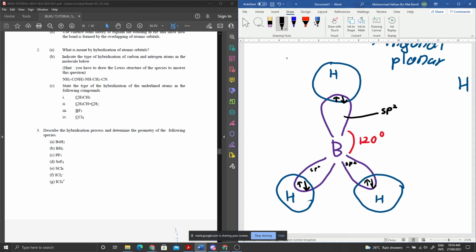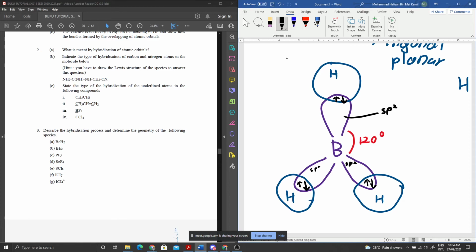Even though kalau you nak guna colour, you tulis this colour sp2 pun okay, as long as you punya drawing is kemas. Okay, you have to take in mind, orang yang periksa you punya jawapan, dia bukan periksa kertas you seorang, dia periksa beratus, even thousands of kertas. Imagine dia penat-penat nak tanda kertas you and then you lukis buruk-buruk.